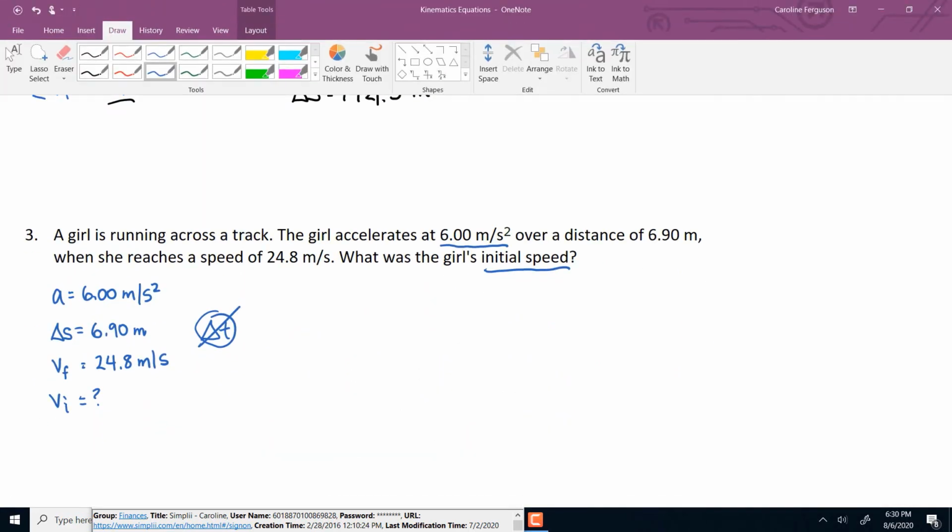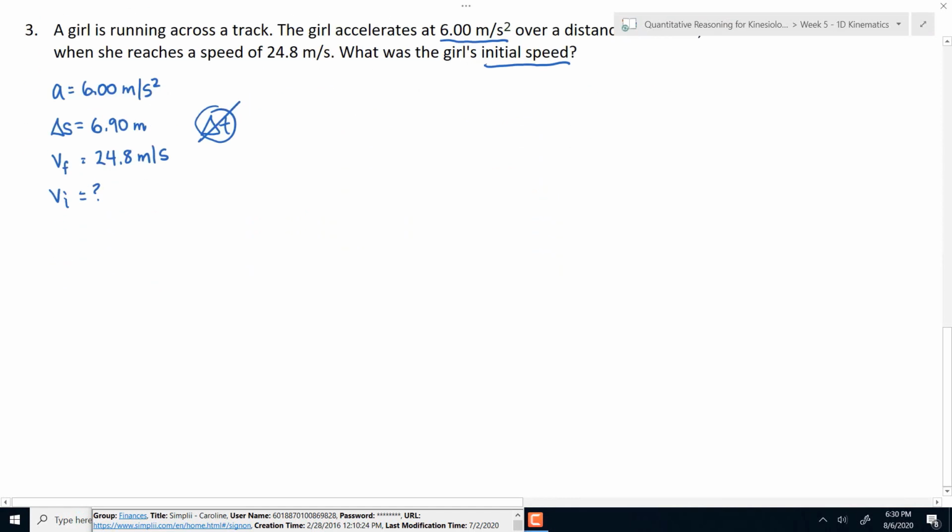So let's do that. Equation 3 was V final squared equals V initial squared plus 2A delta S. All right, we're solving for V initial. So let's rearrange the formula so V initial is on its own. That means we're going to take all of this and move it to the other side of the equal sign.